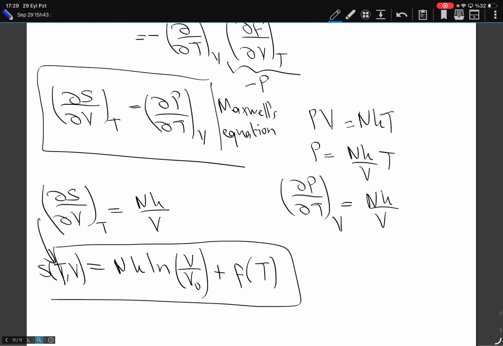Still, we don't know what that function of temperature is, but for an ideal gas we know the volume dependence at a given temperature. How did we do that? Well, we know the equation of state. And in fact, for any system that has this equation of state, the entropy should have this form as a function of temperature and volume.